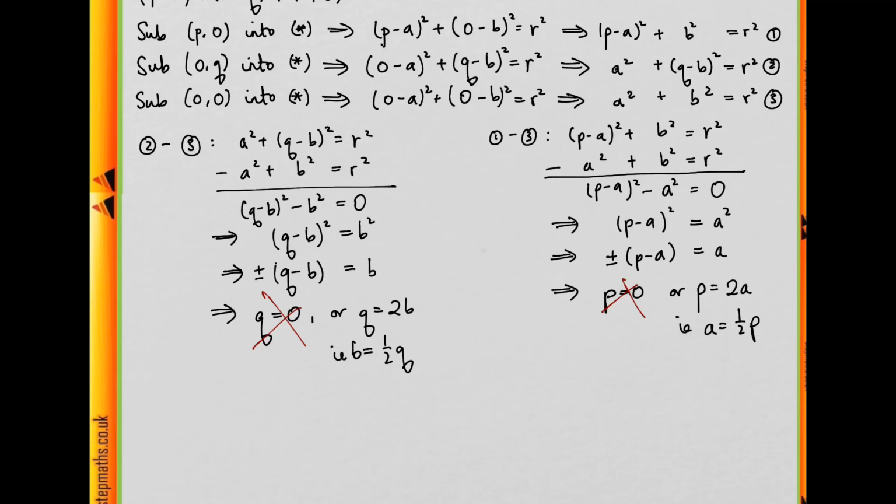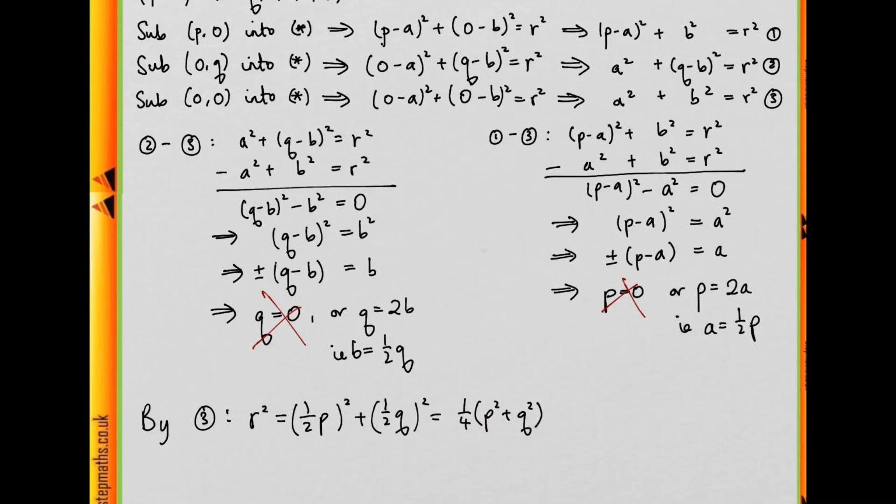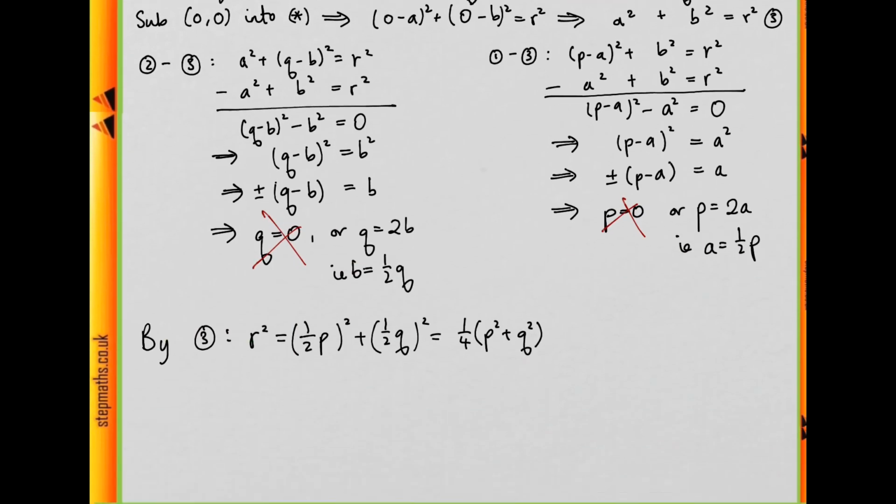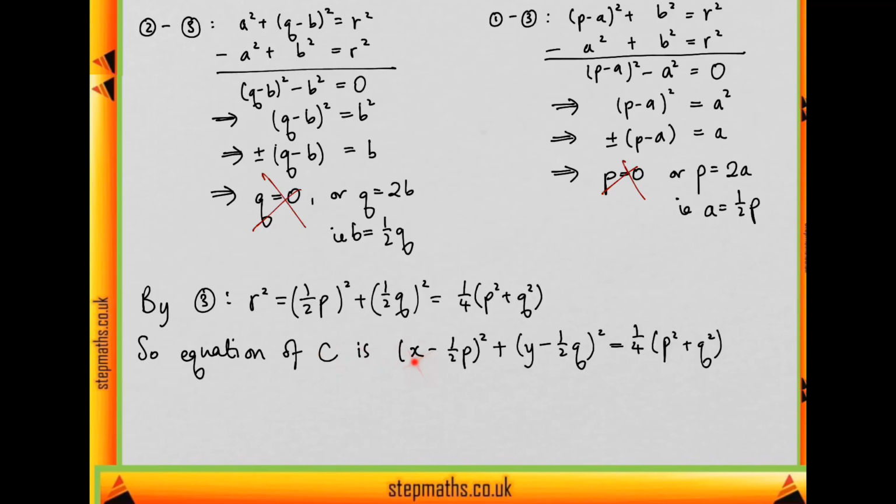Now we've worked out a and b, so we just need to find r. Using equation 3, substituting a equals a half p and b equals a half q, we get r squared equal to a quarter (p² + q²). Putting a, b and r squared back into our equation for C, the equation for C is going to be this.